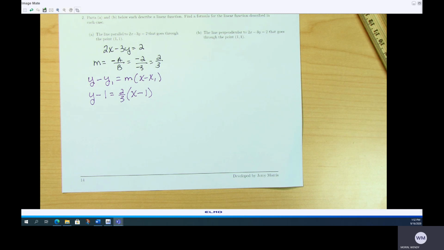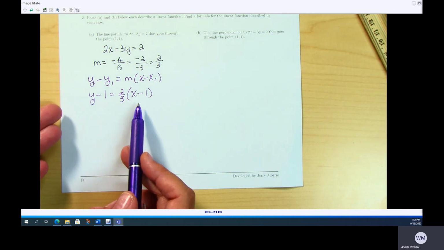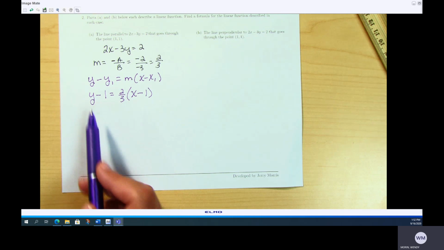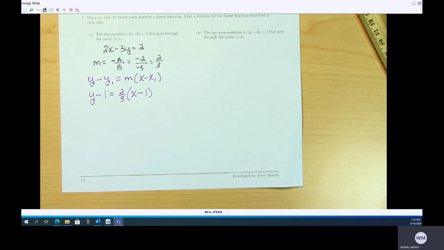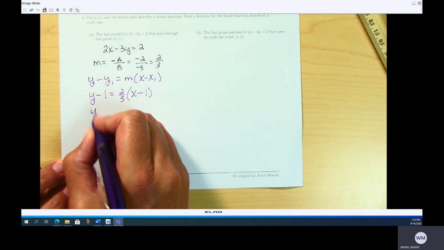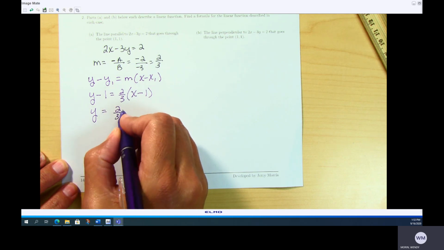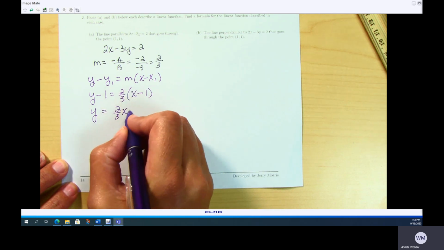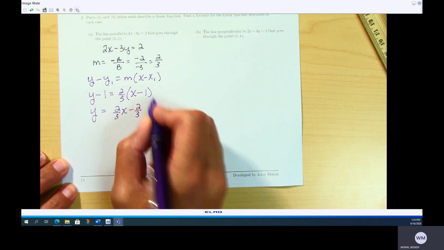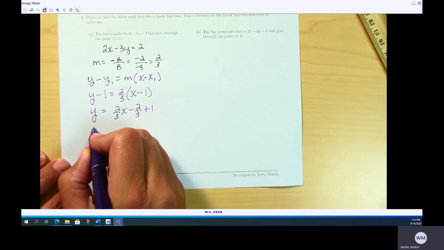Sometimes they may ask you for the slope-intercept form. So all you would do is you would take this and you would solve for y. So we will do that quickly here. We're going to multiply this by 2/3, and we're going to add the 1 from the other side.